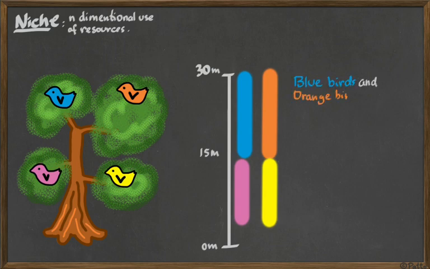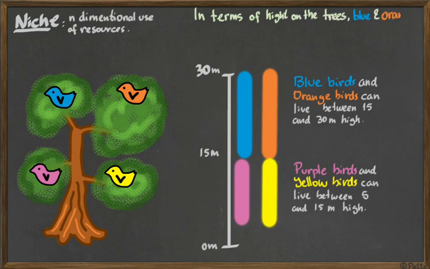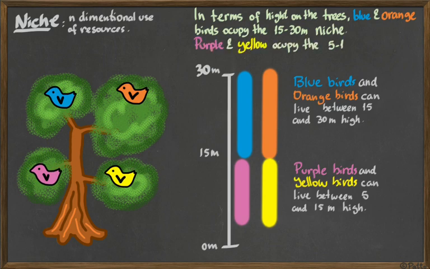So there they are. Blue birds and orange birds live between 15 and 30, and the purple birds and the yellow birds live down there on the tree from 5 to 15 meters high. Okay, so in terms of height on the tree, this one dimension of the use of resources, blue and orange occupy the 15 to 30 niche, while the purple and the yellow occupy the 5 to 15 meters niche.